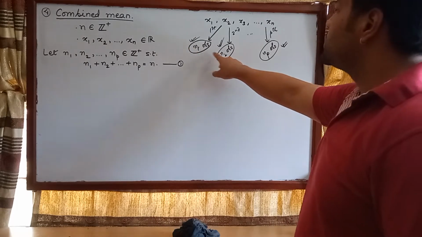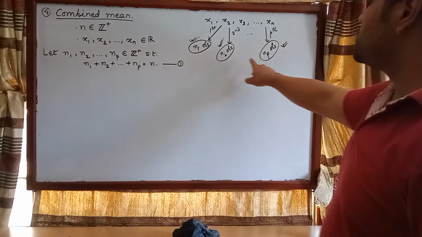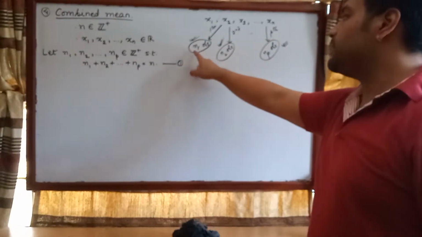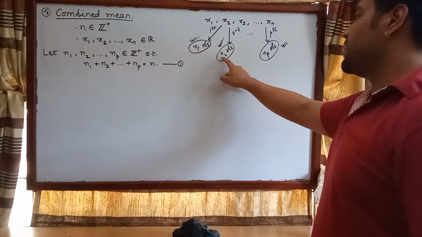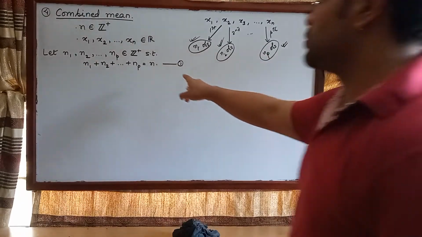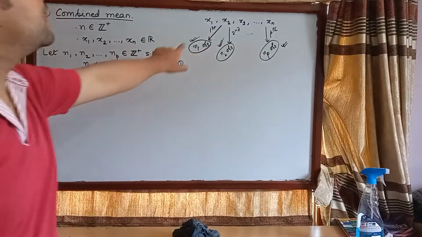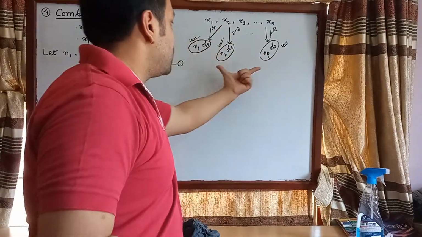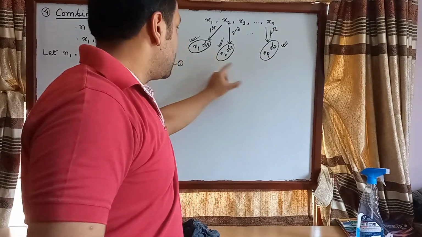Since these are mutually exclusive groups, the total number of elements is n1 plus n2 plus up to np, so there are a total of n observations. All the data has been incorporated in these groups.